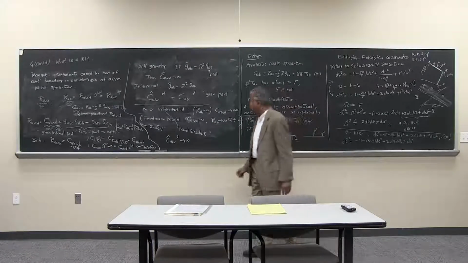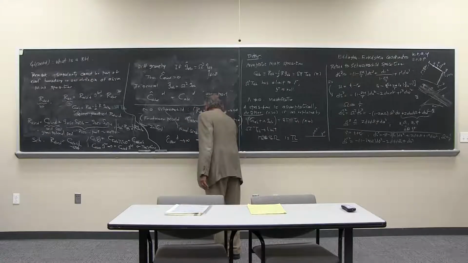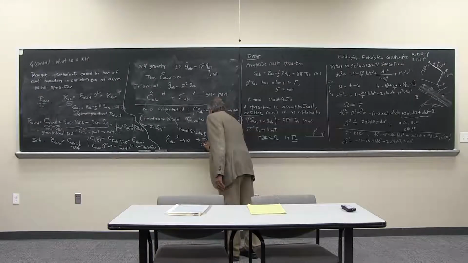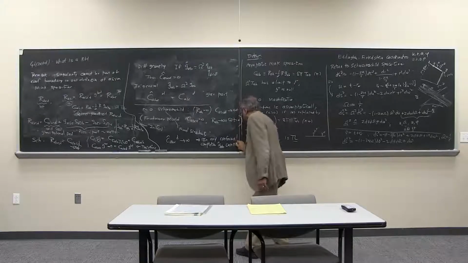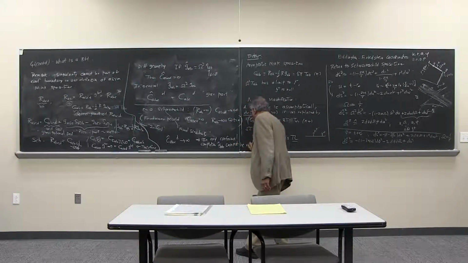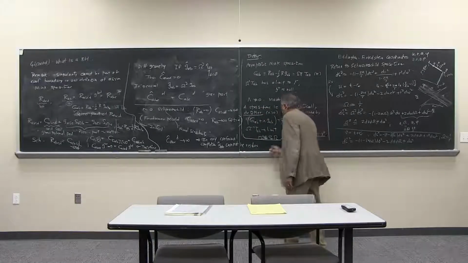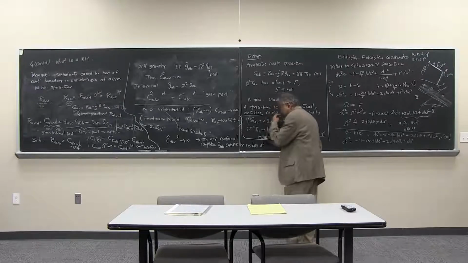And therefore, in any conformal completion, the metric g hat AB cannot be regular at the singularity r equal to 0.